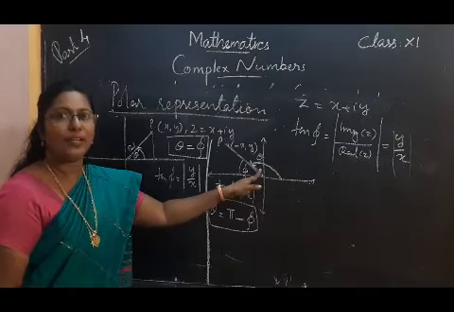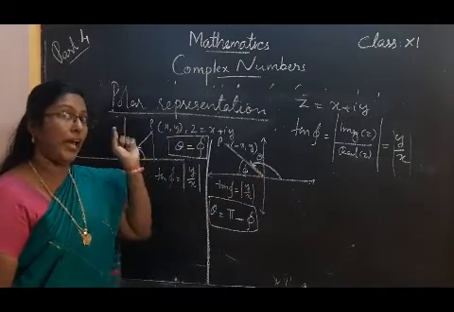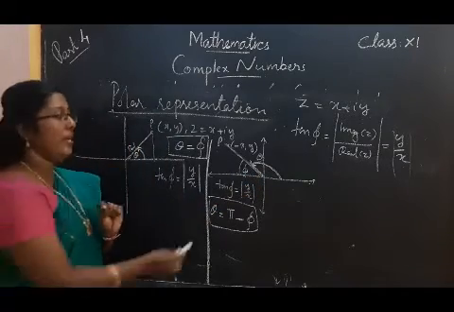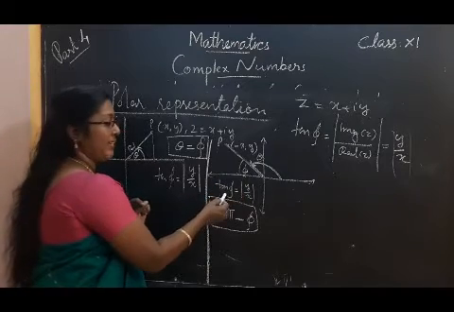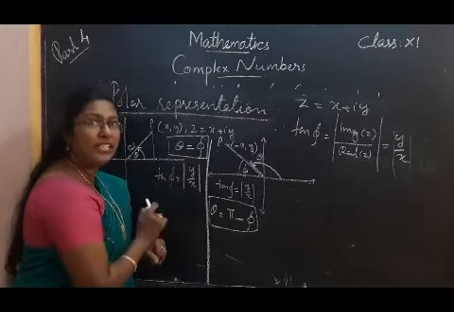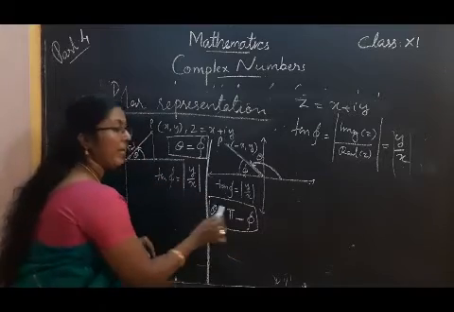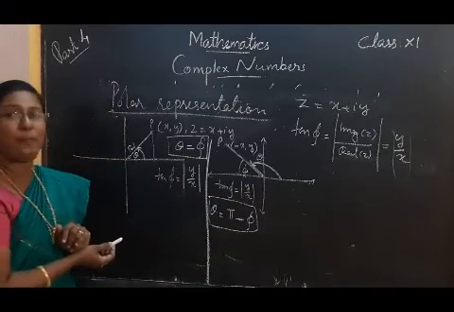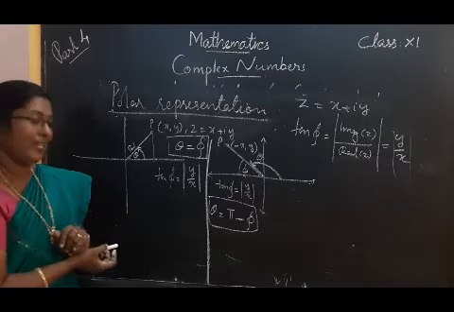This is an obtuse angle. So always take the acute angle. Here the acute angle is phi, tan phi equals modulus of y by x. Then theta is pi minus phi. Clear?